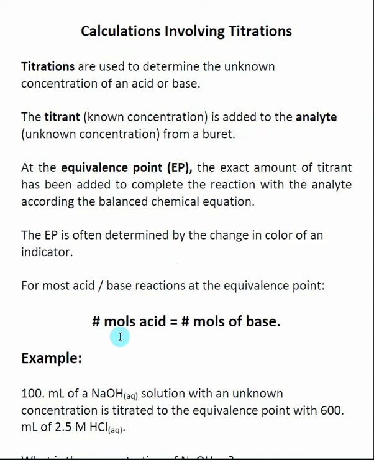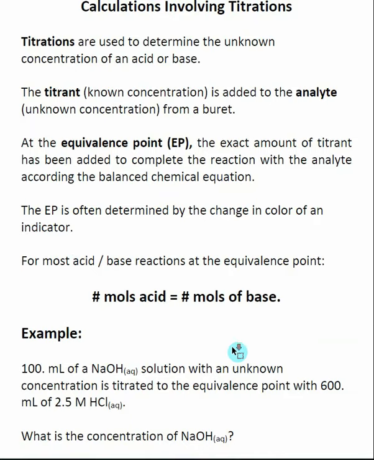So it doesn't matter whether the known concentration is the acid or the base. We can use one to find information about the other. When you reach the equivalence point of an acid-base titration, we can say that the moles of the acid are equal to the moles of the base. This is what we're going to use to determine an unknown concentration.